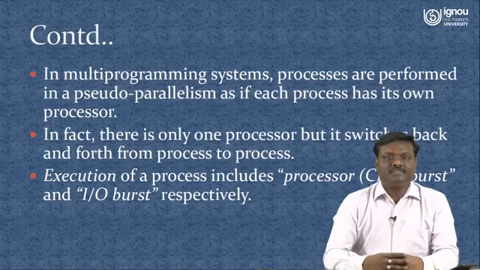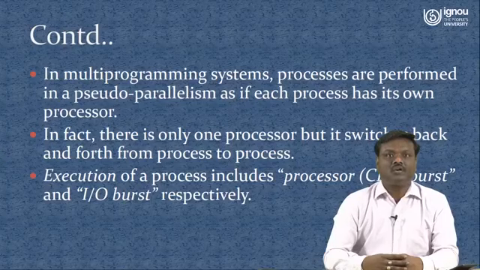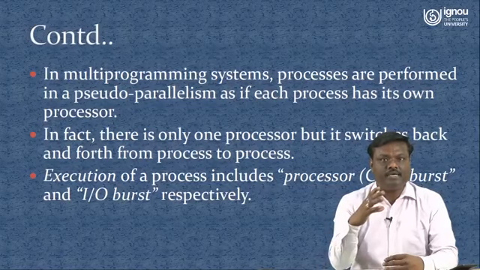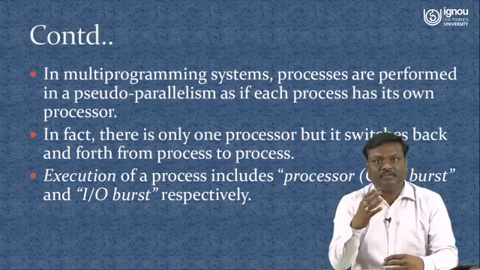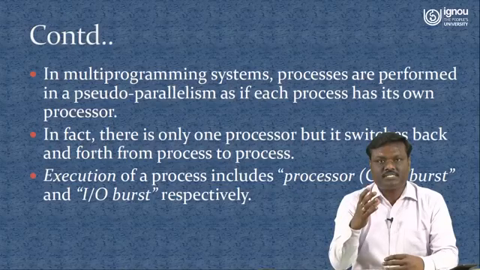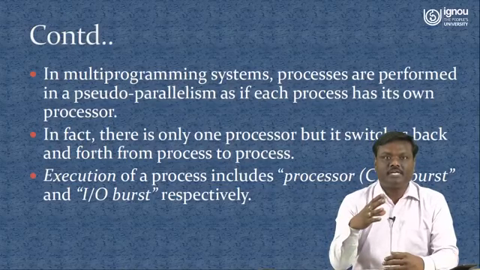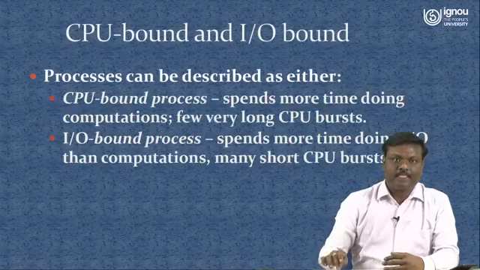Those instructions which prompt IO to happen are called input-output burst jobs. So a process will have a mix of both: some instructions pertain to processor bursting and some pertain to IO bursting.